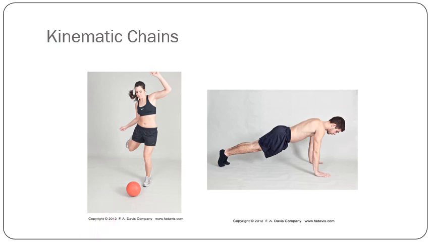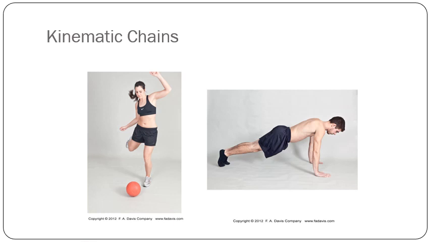You'll hear this a lot, particularly as it relates to exercise. There are exercises that involve open chain exercise and exercises that involve closed chain exercise. A good rule of thumb is if the extremity is moving freely, meaning it's not in contact with the ground and it can move freely, that's an open chain movement.